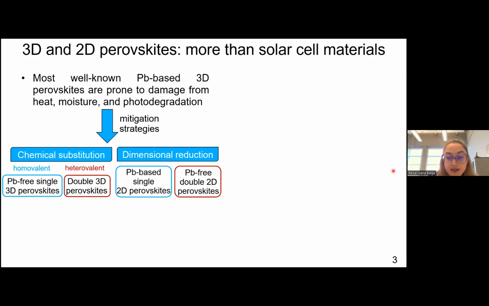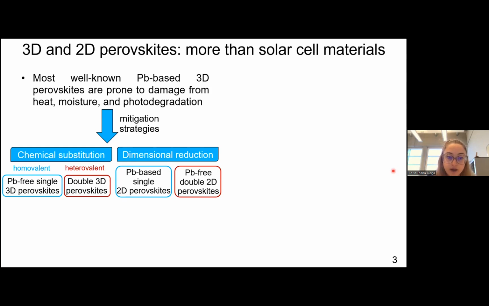That basically means that we can replace lead with a combination of two metals, monovalent and a trivalent metal, and that would give rise to the so-called double perovskites. With these perovskites, those are still 3D materials.